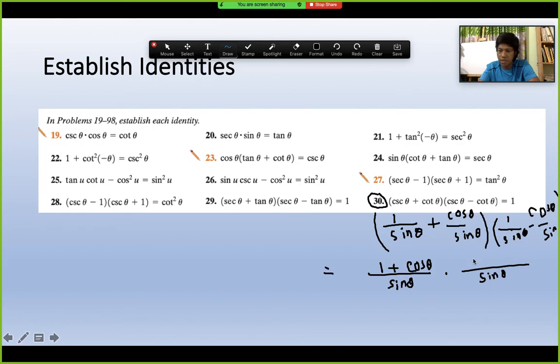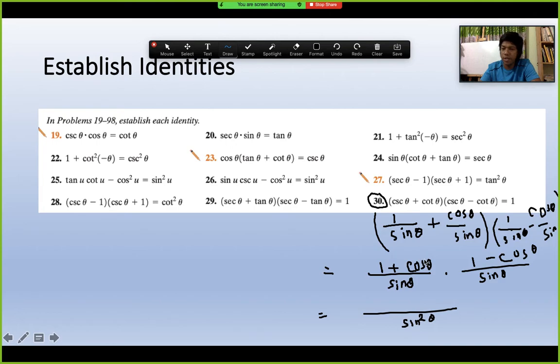Sine theta same, so you have just only 1, and here it is cos theta. So downside you have sine theta and sine theta, so sine theta means sine square theta. And upside we have 1 plus cos theta and 1 minus cos theta.